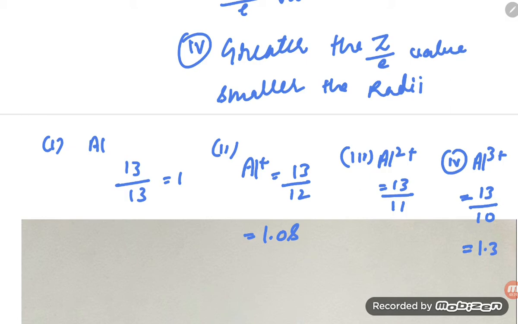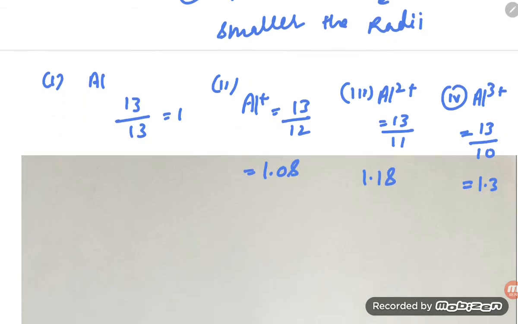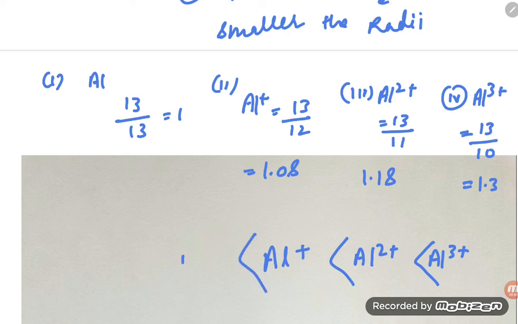And 13 by 11, how much is coming? 1.18. So which has the greatest value? Al3 plus has the greatest value, then Al2 plus, then Al plus, and then aluminum.